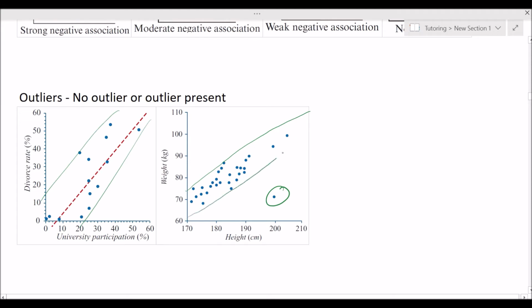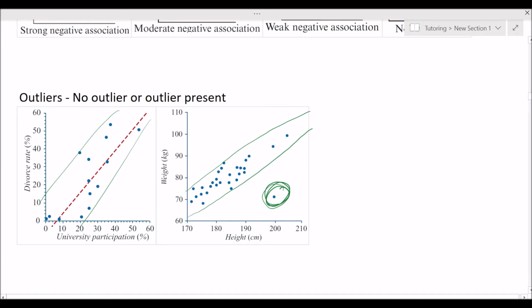Okay, whereas this guy down here is not behaving like the rest of the dots. Okay, it's outside of the relationship. So that's another one of our assumptions with linear regression. The assumption is that there are no outliers. So if you have outliers present, you must identify them, and then you must exclude them from the data set.